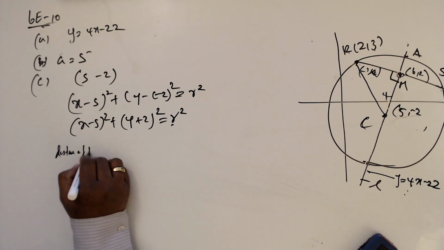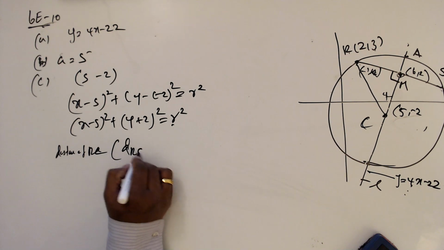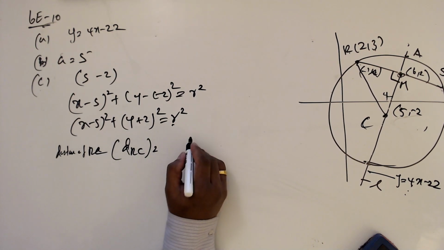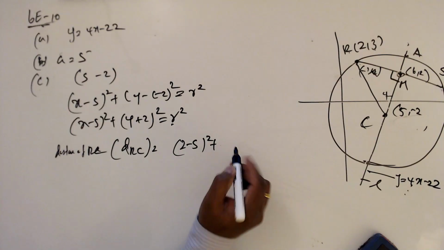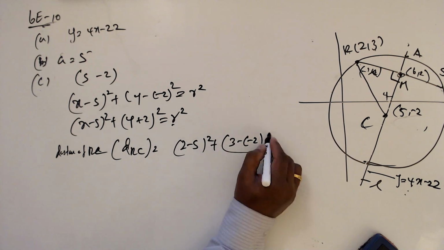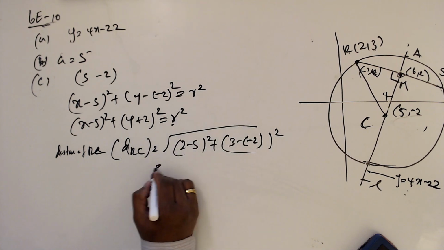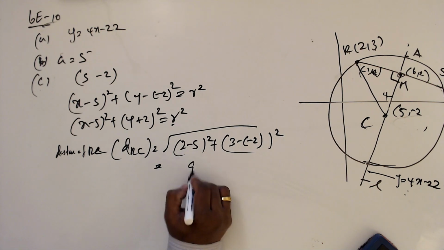Distance of RC, DRC is the square root of x1 minus x2 squared plus y1 minus y2 squared. So this is going to be 2 minus 5, 3 squared, 9.